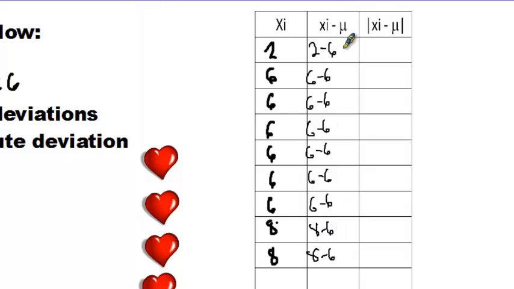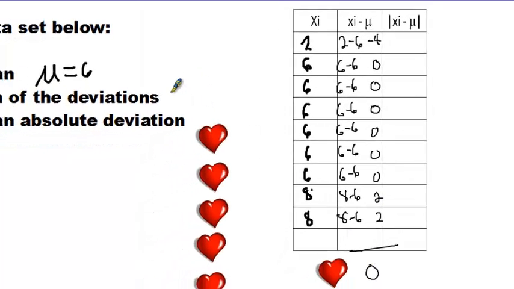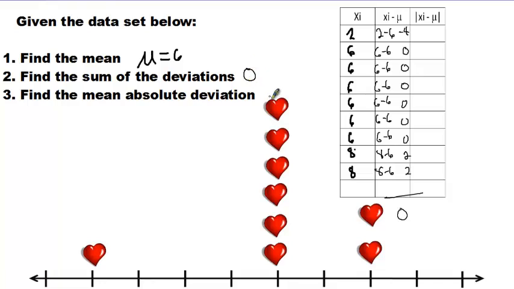So we have here -4, it's 0, 0, 0, 0, 0. That's 2. That's 2. So once we get the sum of our deviations, so negative 4 plus 2 plus 2 is actually equal to 0. Sum of deviations is always equal to 0.